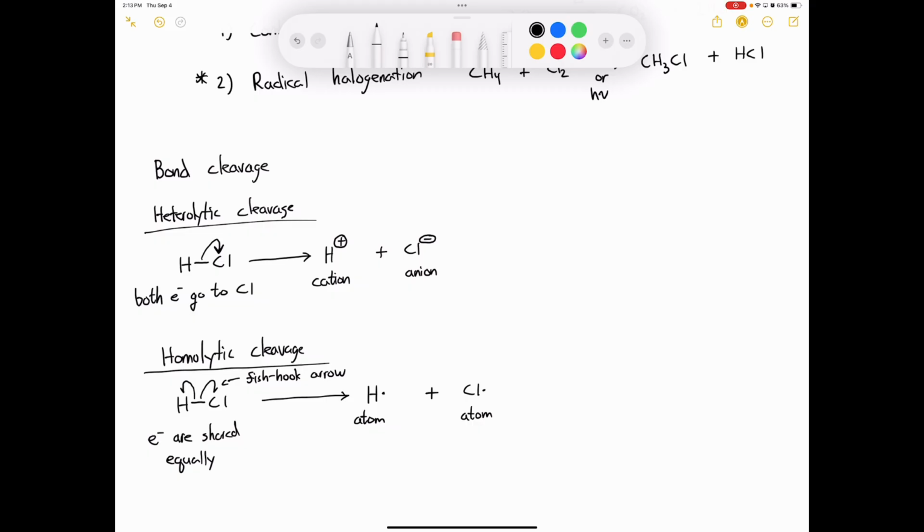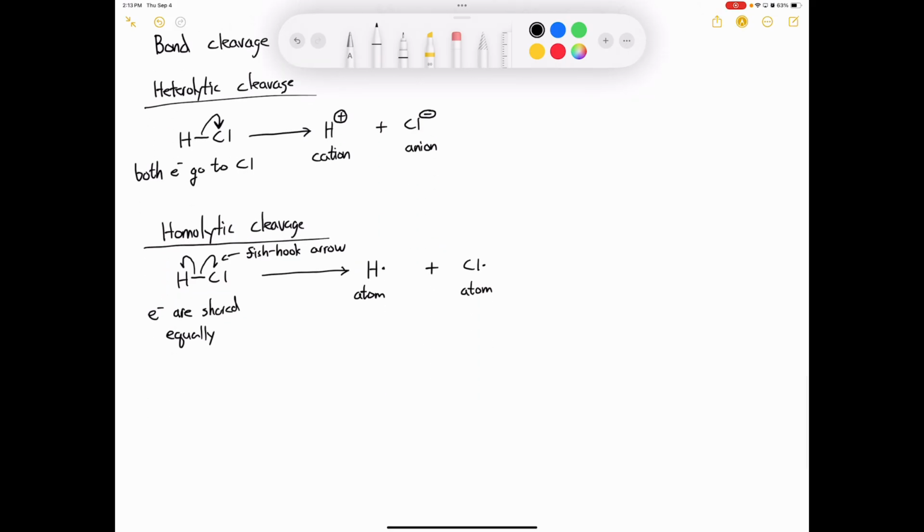All those arrows I've been showing with the electrons moving, and on the homework for acid bases, you saw some of that. Those were heterolytic cleavage, where the arrows start from one place and go to another place. In homolytic cleavage, you're going to have an additional arrow always, because the electrons are shared equally and not stolen or transferred.